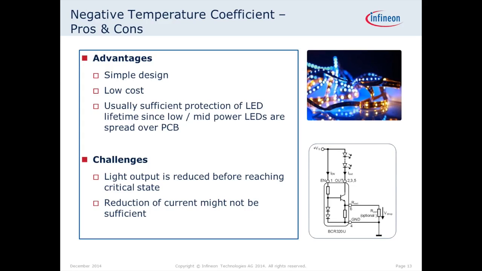In that case it might be critical, even if you're using low power or mid power LEDs. And sometimes there is no opportunity to dissipate the heat, if you implement such light strips into furniture or other places where they cannot dissipate the heat, or in a narrow luminaire, then it might still be critical. So the slope you cannot really adjust.